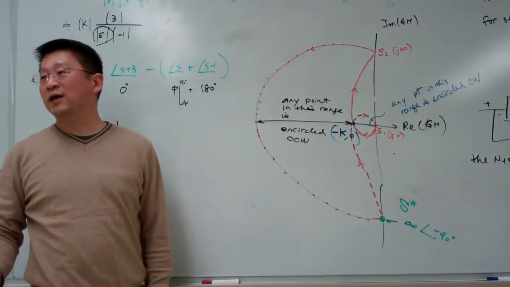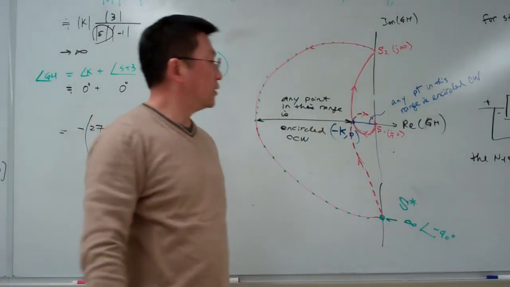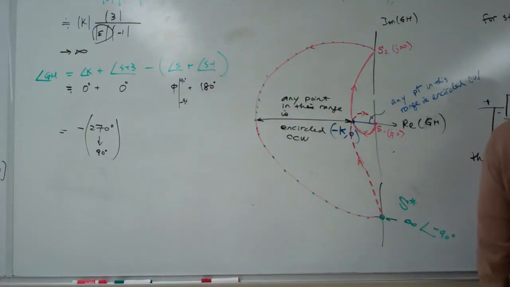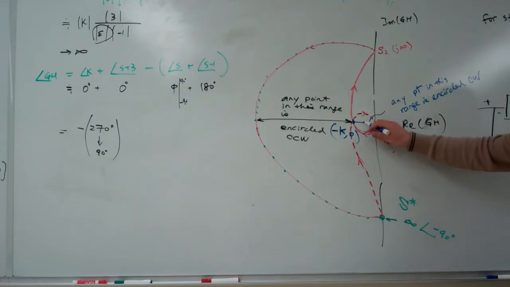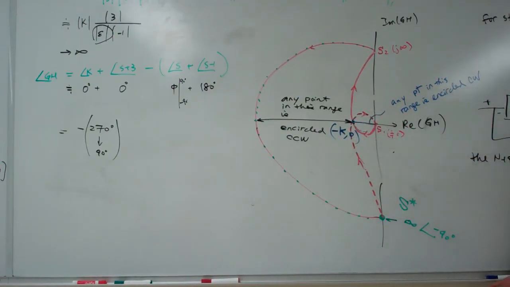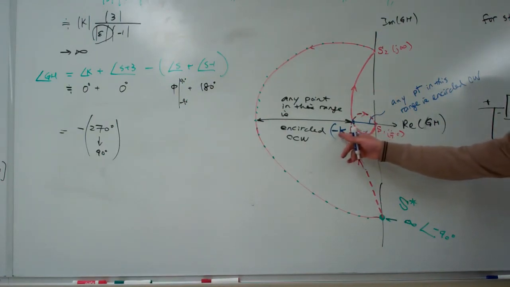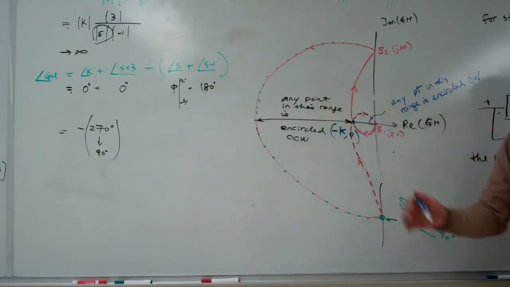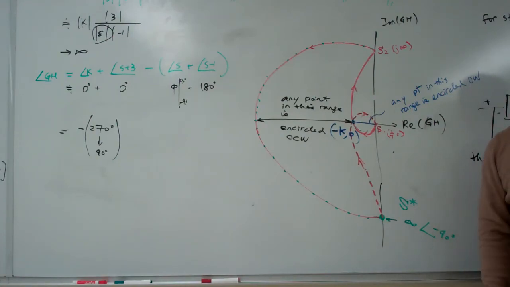Okay. So now we come to our point. For stability, minus 1, 0 must be here. So that means minus 1 must be within this small circle, right? So that means K, can you tell me what is the design range? Minus K must be to the left of minus 1. K must be greater than 1.